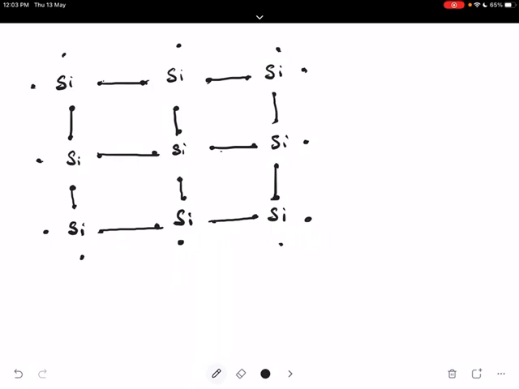Now, I am going to add an impurity. When the silicon is doped with arsenic, that is 15th group, what happens? This is the arsenic electron. Arsenic has 5 electrons. 4 out of 5 electrons are used to make 4 covalent bonds with the silicon.